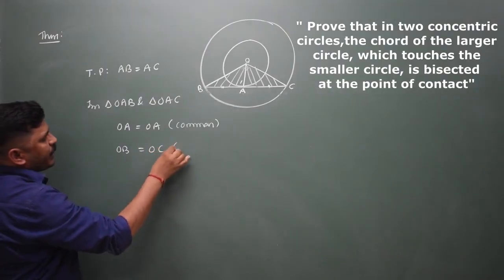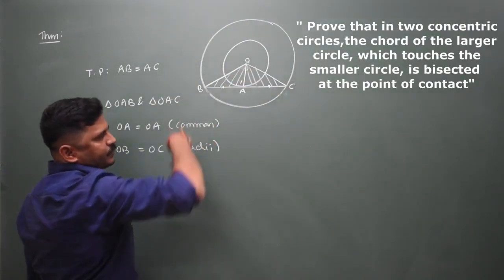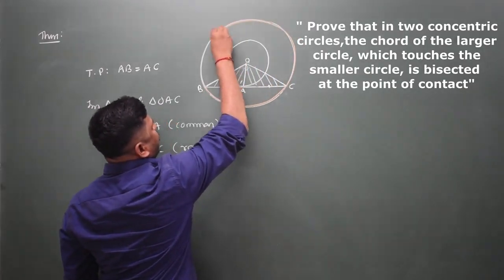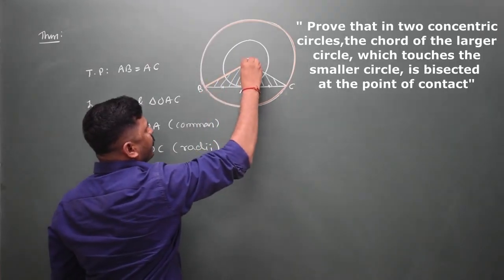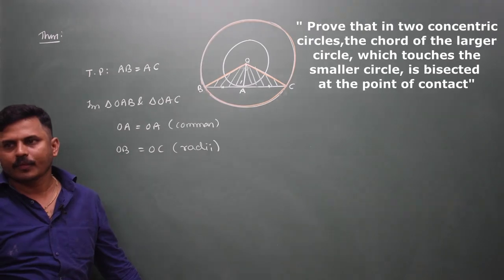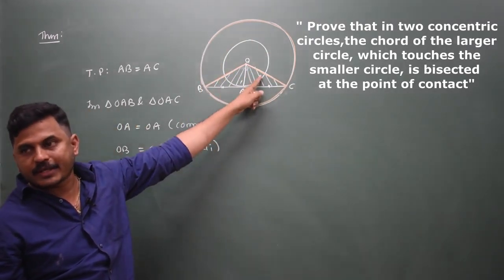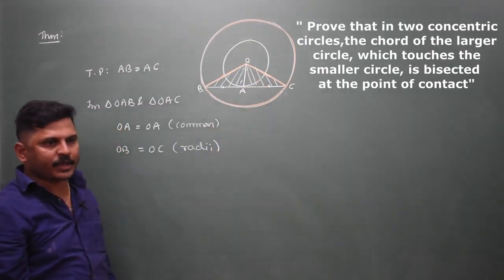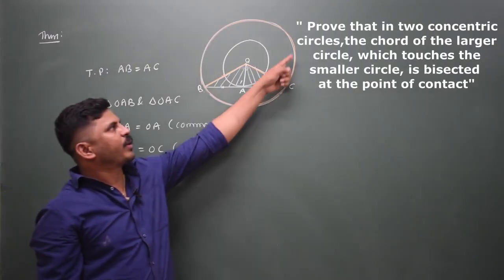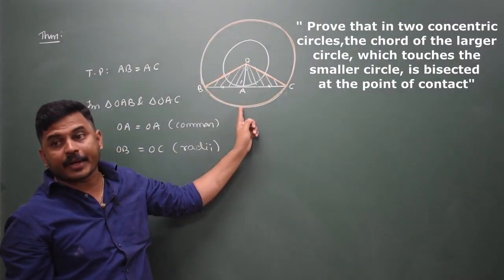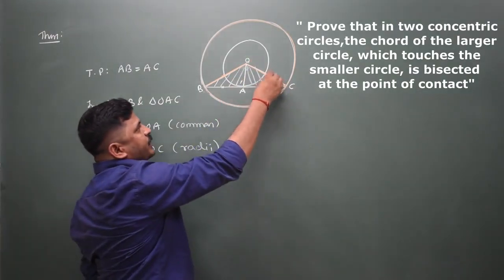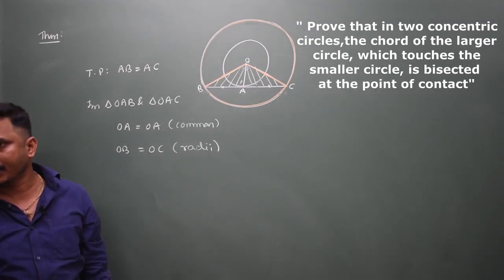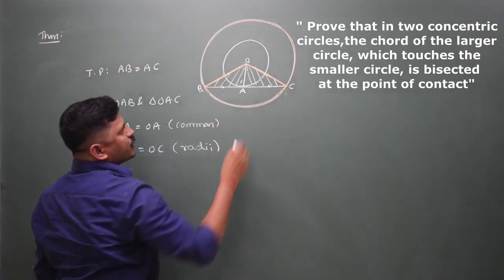OB equal to OC. Why? It is the radii of the external circle. For an external circle, these two are equal radii. Are radii the same always for a circle? That is the definition of a circle: a moving point which maintains equidistance from a fixed point. That means as far as this is, this is equally far. In other words, radii are equal in a circle. That is, OB equal to OC.